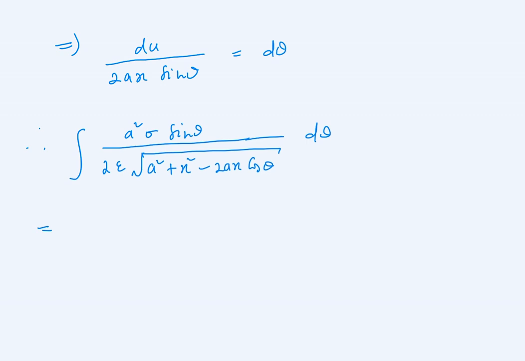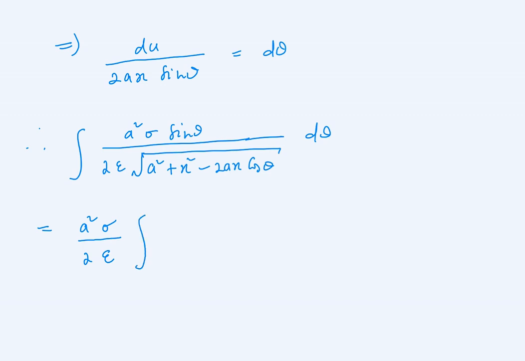Now we've made the substitution, so we can go ahead and substitute. But before we do that, we can take out the constants. We can take out the a squared and the sigma because they are constants with respect to theta, and then we divide this by 2 epsilon. So we take out the constant in the integral, and that's a squared multiplied by sigma divided by 2 epsilon.